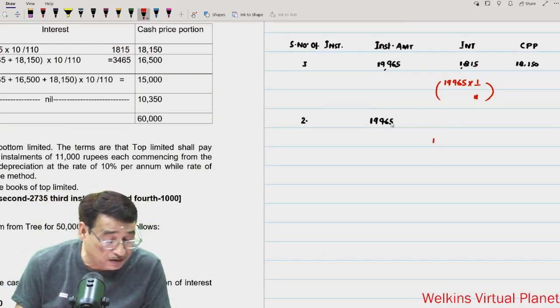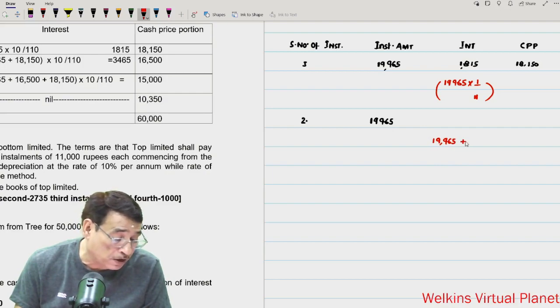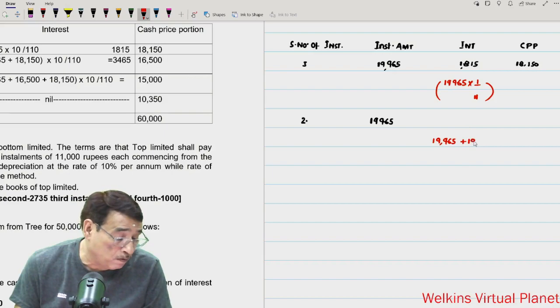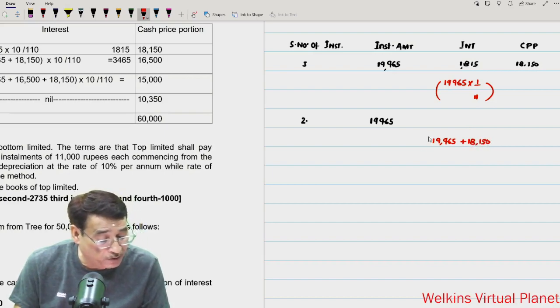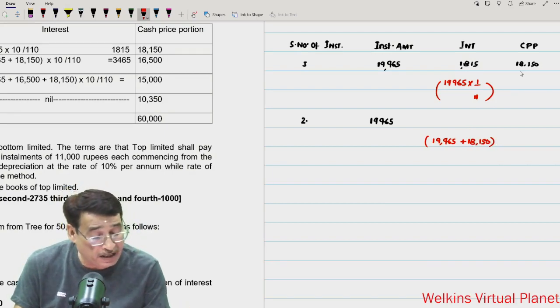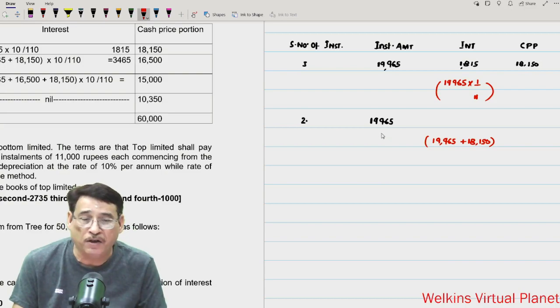First, I will write this installment amount, 19,965. And I will add to it 18,150. Why am I supposed to add cash price portion again to it?